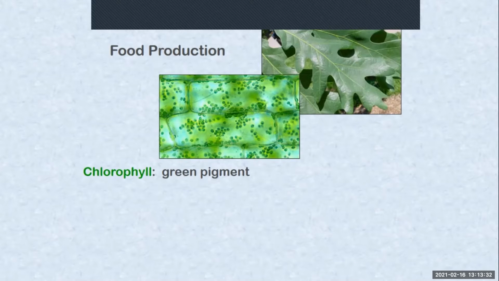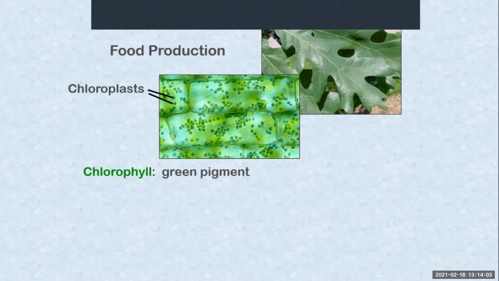This chlorophyll pigment captures the energy from sunlight and converts it into energy for the plant. As I mentioned before, within the cells of the leaves there are little organelles called chloroplasts, and these chloroplasts contain the chlorophyll within them.